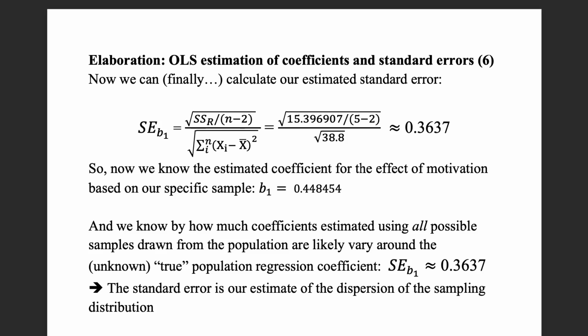Whereas if the standard error is very, very large, then this tells us that the individual regression coefficients that we could get from taking all possible samples are basically all over the place around the true population coefficient. So then we know that each individual regression coefficient is probably somewhat less likely to be a good reflection of the true population regression coefficient. So that's really what the standard error tells us.